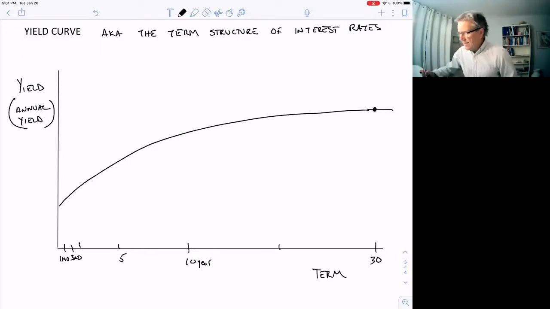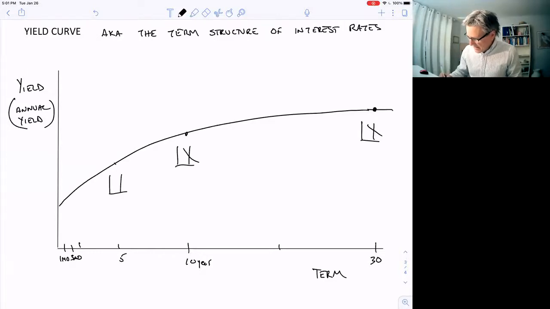And it really depends on supply and demand. So there's a supply and demand for the 30-year bonds. Here's a supply, here's a demand. There's a supply and demand here for the 10-year bonds, and a supply and demand for the 5-year bonds. You have to remember they're all substitutes for each other.